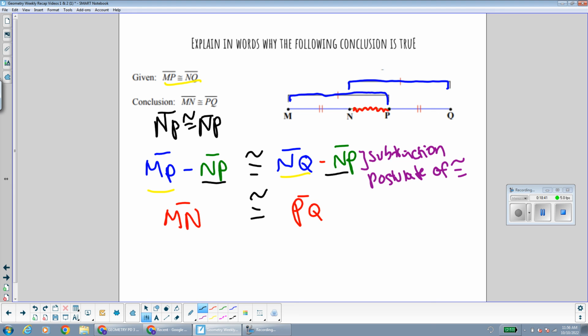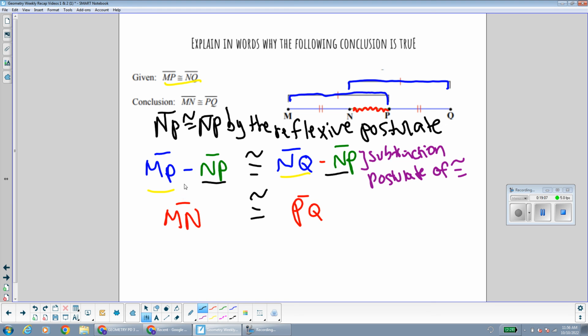Remember, the postulate that says that anything is congruent to itself is called the reflexive postulate. So we do need to justify that NP is congruent to itself before we can be subtracting it and ending up with congruent segments.